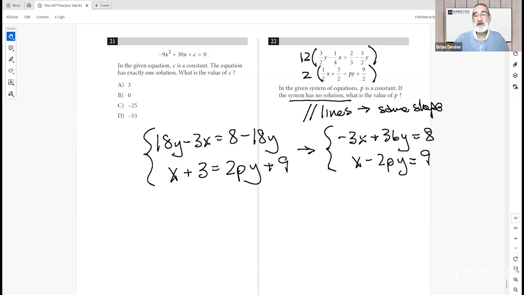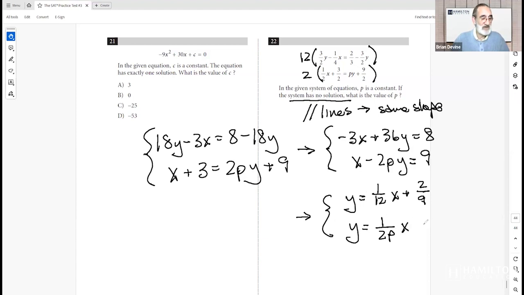So we put it into standard form. But it's easier to see when it's in slope-intercept form, because I can take each of these equations. The first one I can write as y equals 1/12 x plus 2/9. And the second one I can write as y equals 1 over 2p times x minus 9 over 2p.